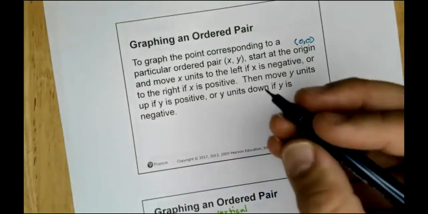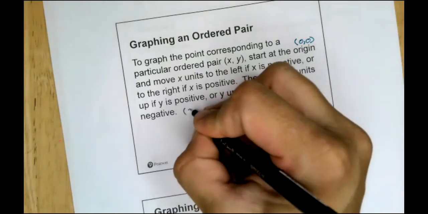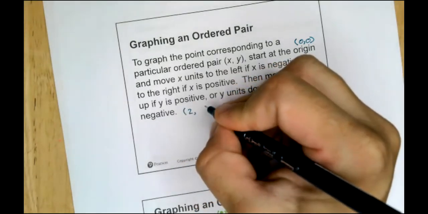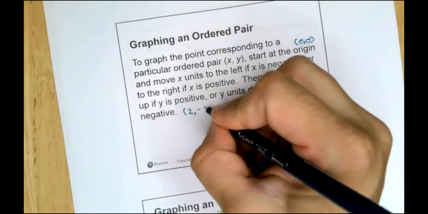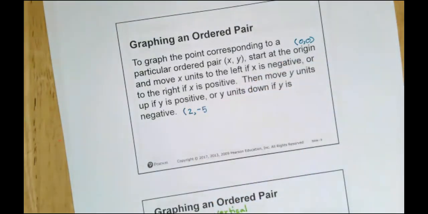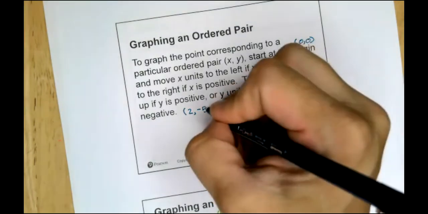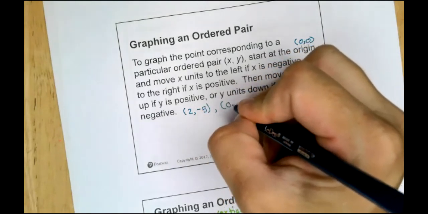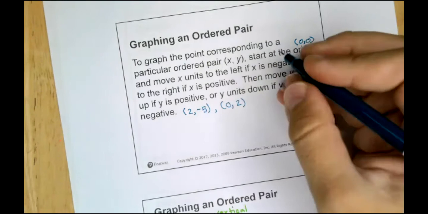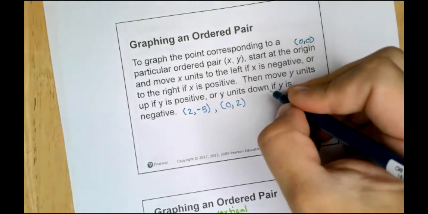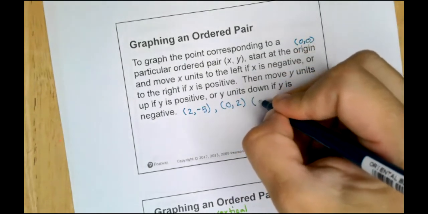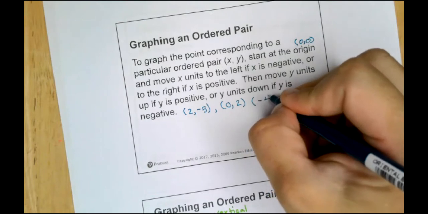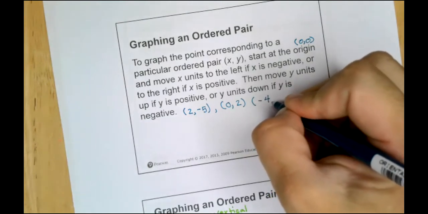We already graphed (2, -5), right? Sorry, I forgot to put that little negative. (2, -5). Let's do (0, 2). And then we can do (-4, 0).